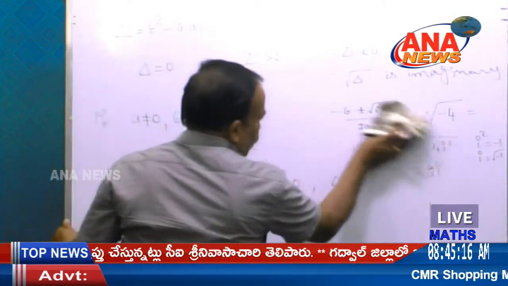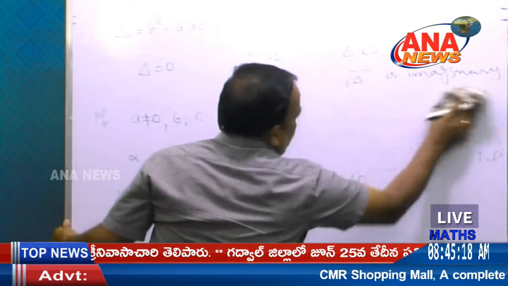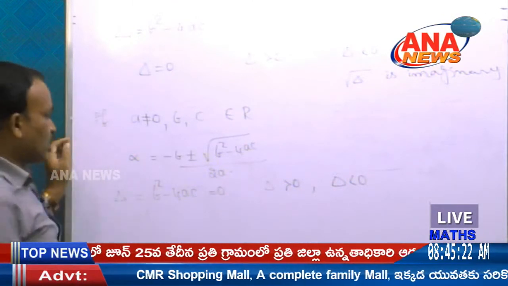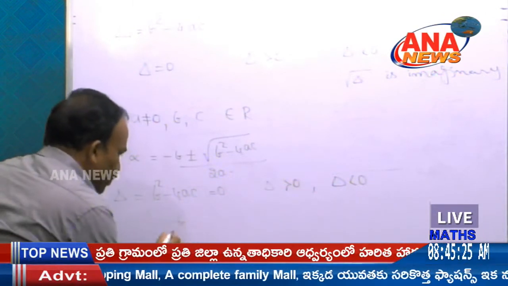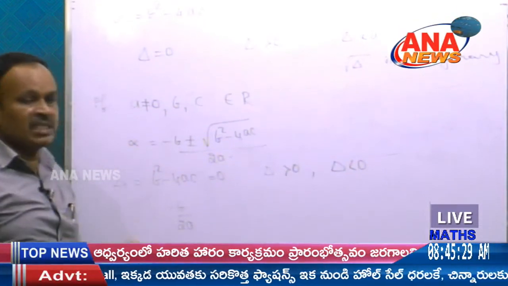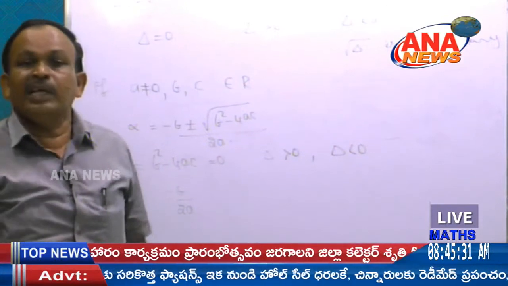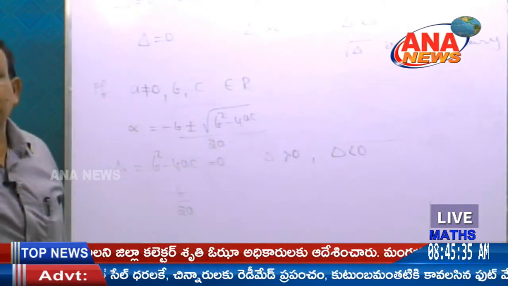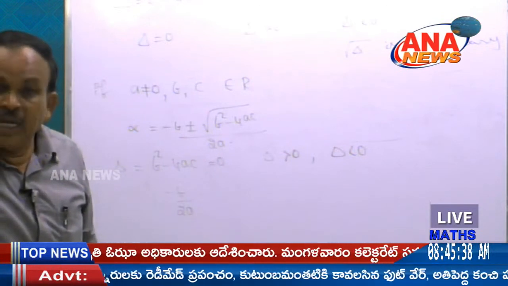Okay, see, if delta is equal to 0, the roots are minus b by 2a. Here a is real and b is real, so minus b by 2a is also a real number.